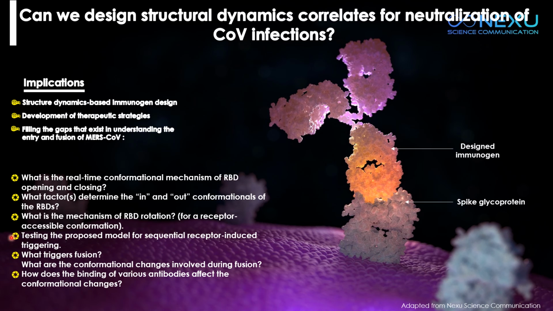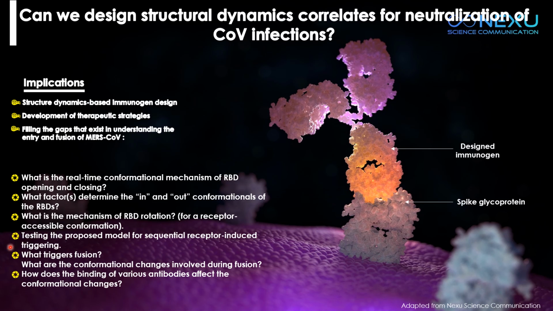The proposed model is the model which I discussed in the previous slide, and this is the model which exists in the field, where it is thought that the triggering is totally receptor induced, and the sequence of events that I discussed previously: first the RBD opens up, then it interacts with the receptor, then the proteolytic cleavage happens, then the S1 dissociates, and then the S2 refolds. We do not yet know, dynamically and in a real-time picture, if that is actually what is happening.